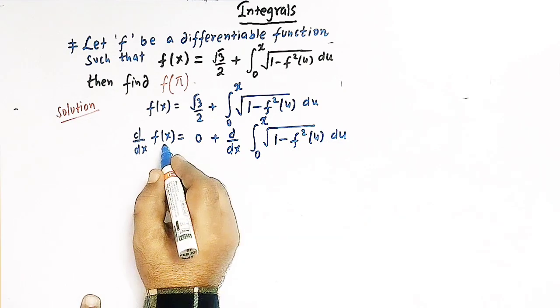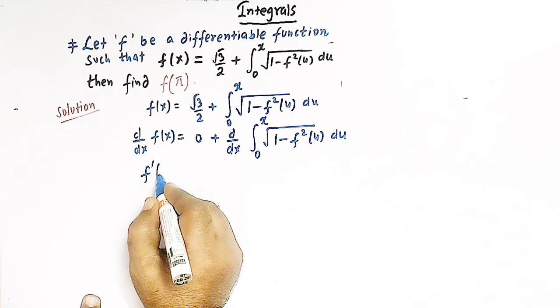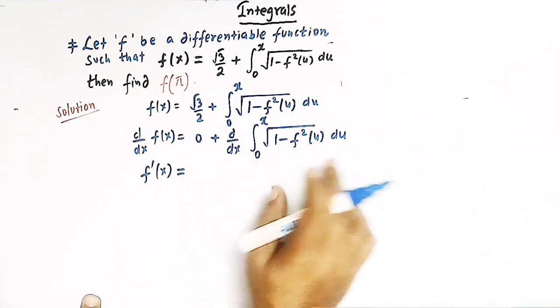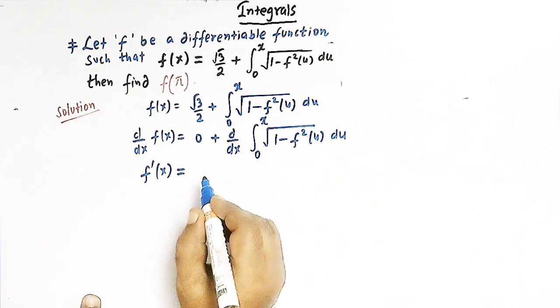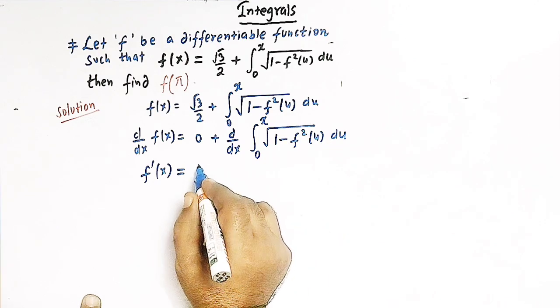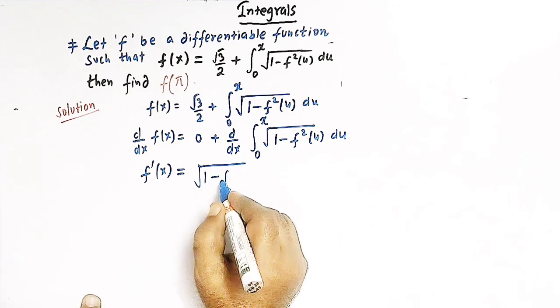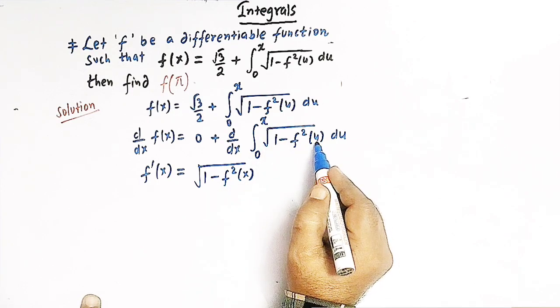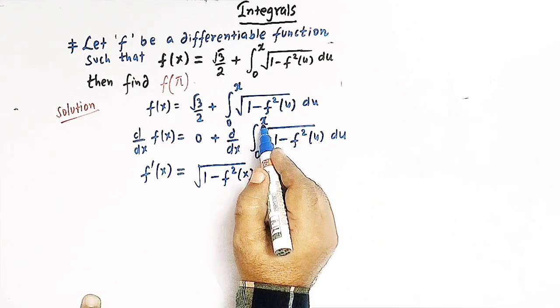So d by dx of f of x is simply f prime of x, and here d by dx of this integral is simply equal to square root of 1 minus f square x. That is, we'll replace this u by x.